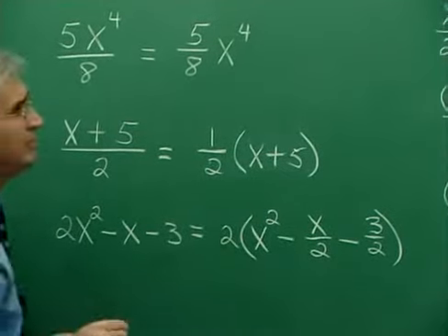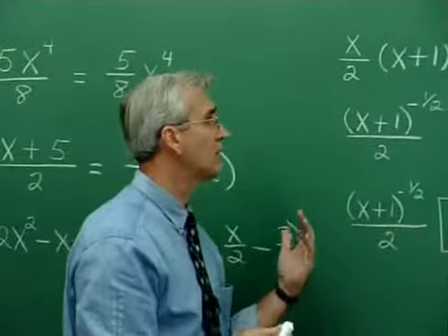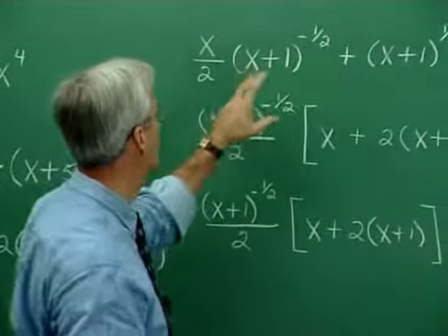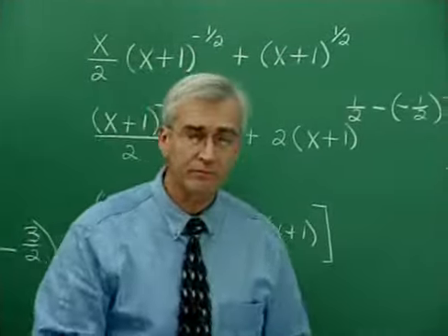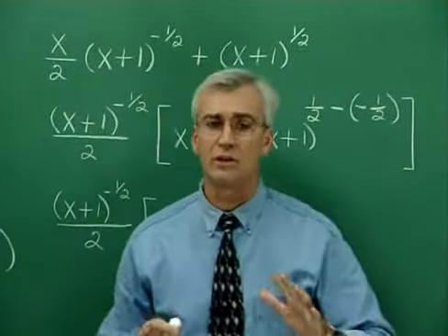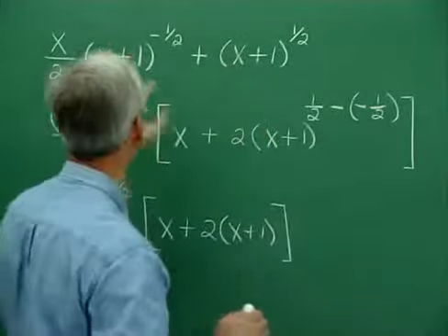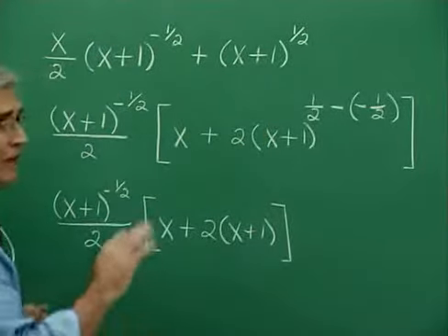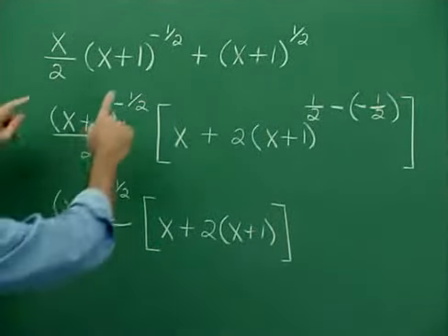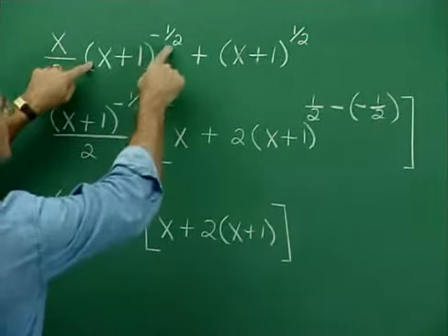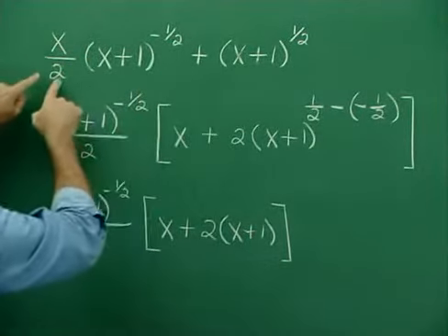Here's another one, and this one is a little more involved because we have binomials involved in our expression. What we're trying to do is factor particular items out of these two terms. And the two items we're factoring are the binomial to the negative 1/2 power and this denominator.